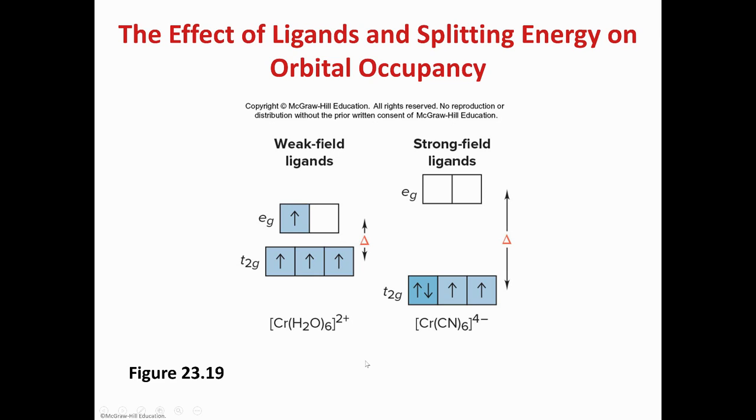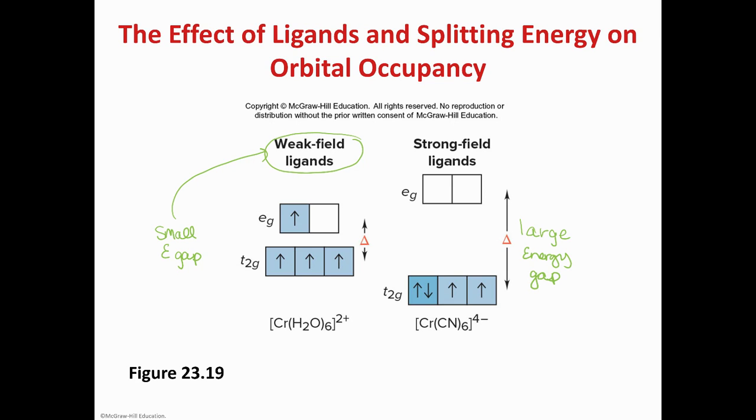Okay, so some ligands produce a small change. So this is what I would call a small energy gap. This one produces a large energy gap. The ones that produce a small energy gap are called weak field ligands.